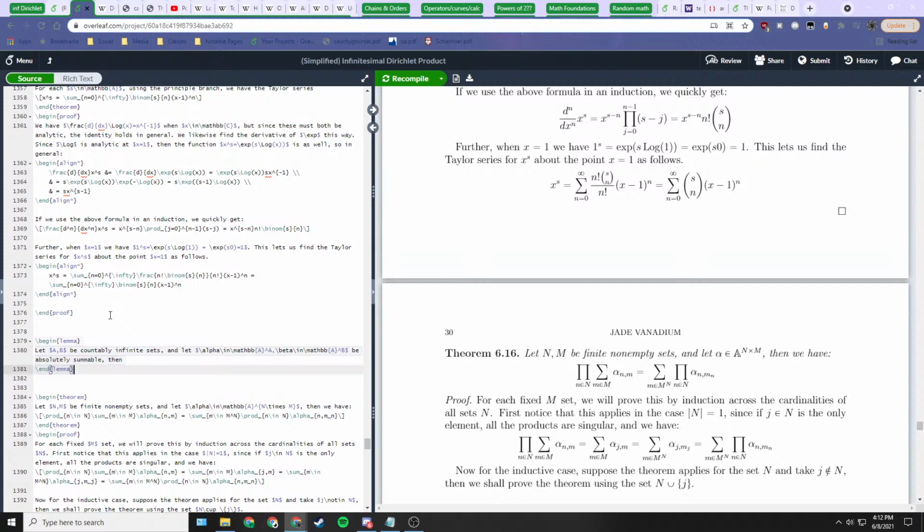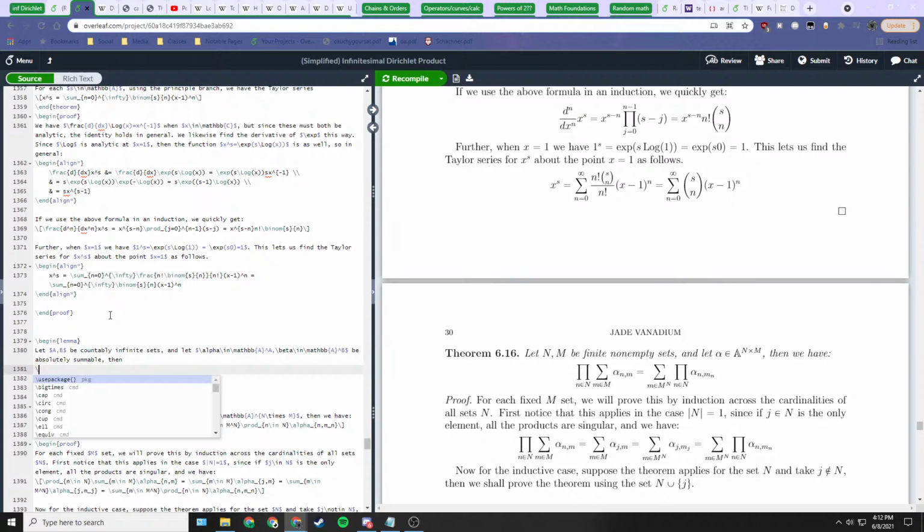Then we have the sum over a in A, alpha sub a, and the sum over b in B, beta sub b.